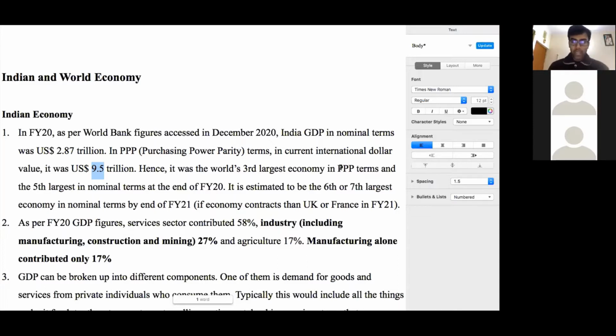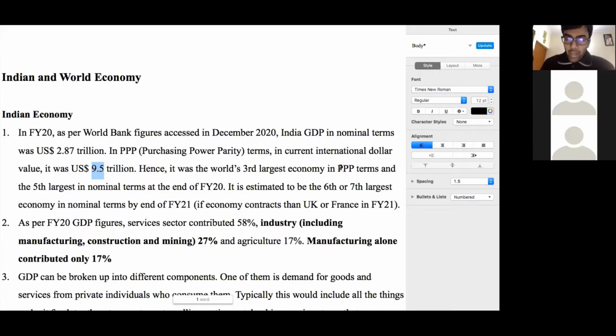If I understand correctly, you mean how come these two figures are so different. As I explained, according to purchasing power parity, in simple terms, the same set of goods and services cost 3.2 to 3.3 times in the US compared to India. So that's why this figure of 2.87 trillion, India's GDP, has to be multiplied with 3.2 to 3.3, and then we get the GDP of India in terms of purchasing power parity.